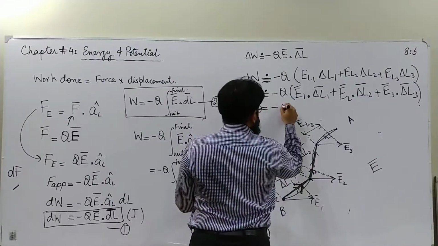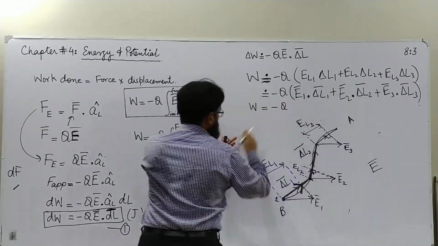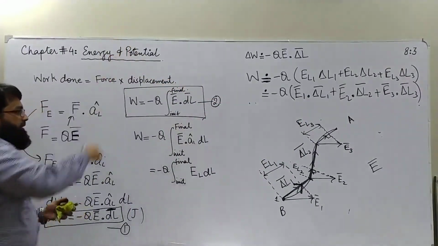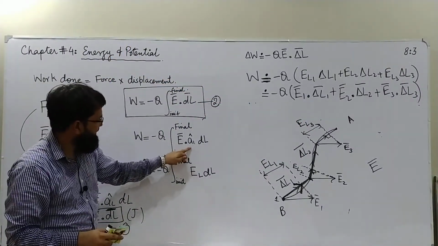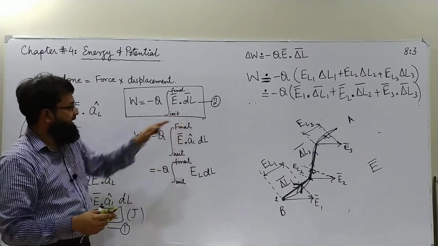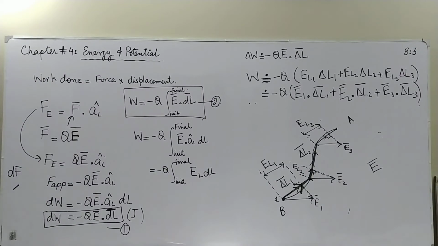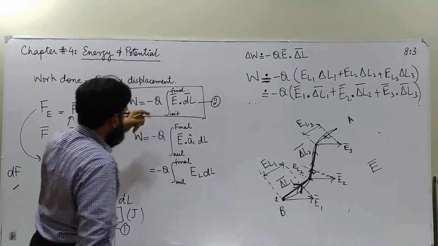In that case, minus q, I'm not rewriting it here, this expression will become this expression. The whole point of discussing this is to give you a physical sense of what's going on behind equation 2, the line integral.